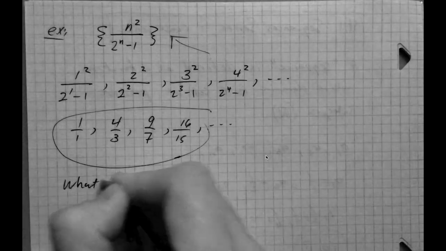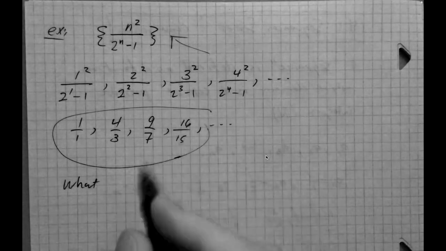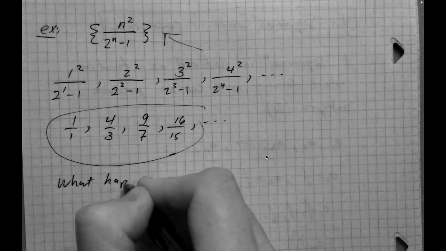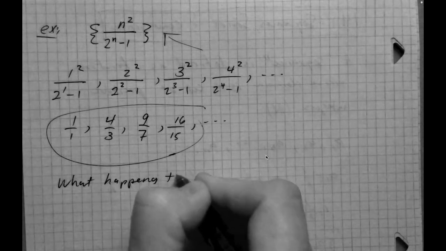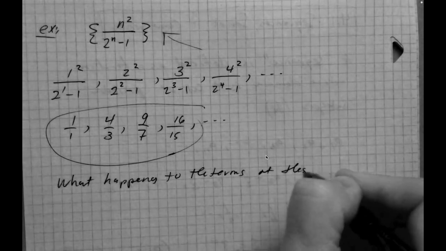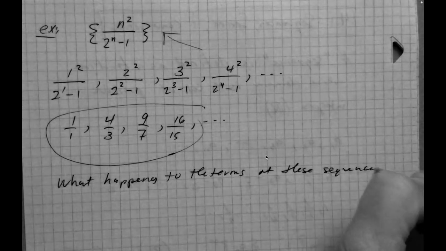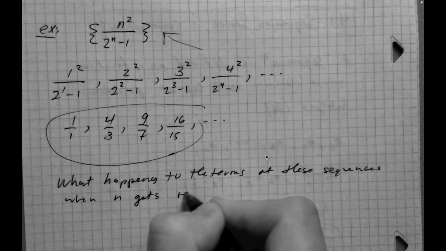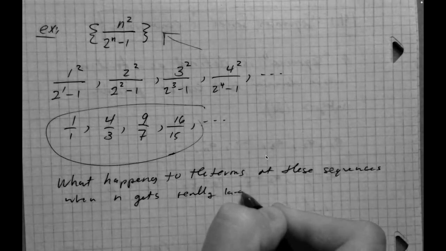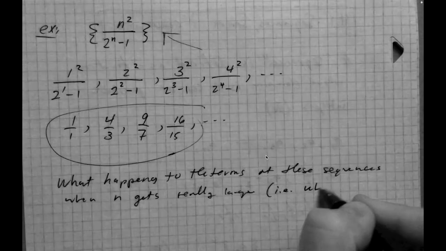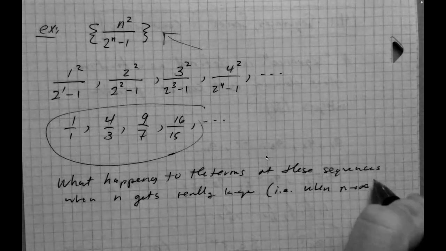That's the more interesting thing about this, right? So what happens to the terms of these sequences when n goes to infinity, right?